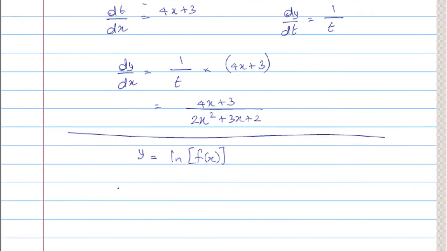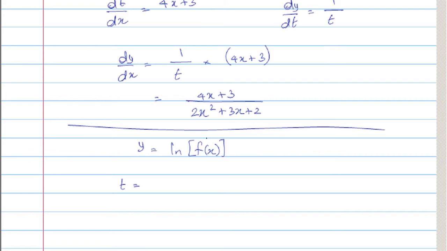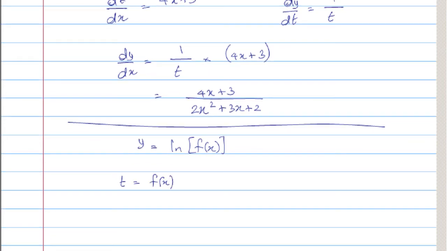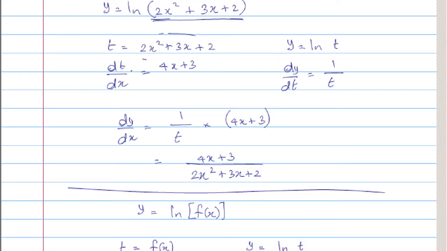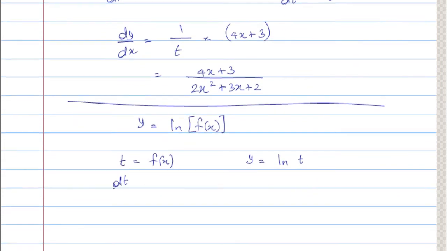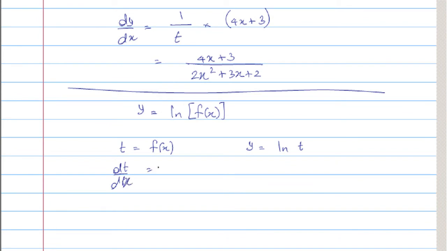In this case what you can do is let t equal to this function f of x. So t is equal to f of x and y will be equal to ln of t, and once again dt over dx, I'll write that as f prime of x because this just means the derivative of f of x. Then dy over dt is equal to 1 over t.